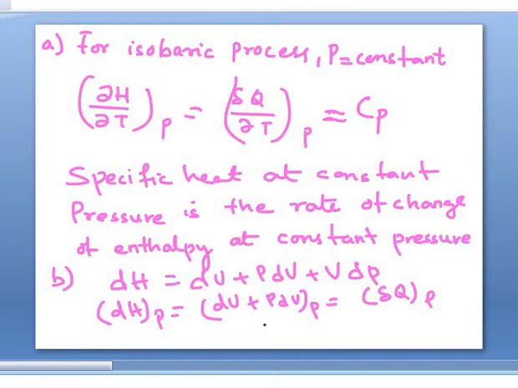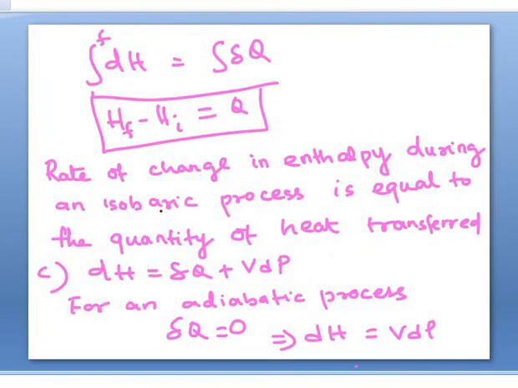Let us take one more application of enthalpy, that is dH is equal to dU plus PdV plus VdP. At constant pressure, the VdP term goes to 0, so dU plus PdV is del Qp. So dH is equal to del Qp.